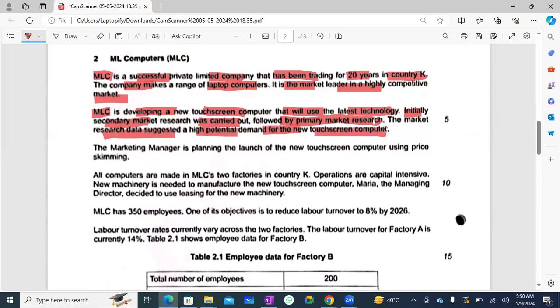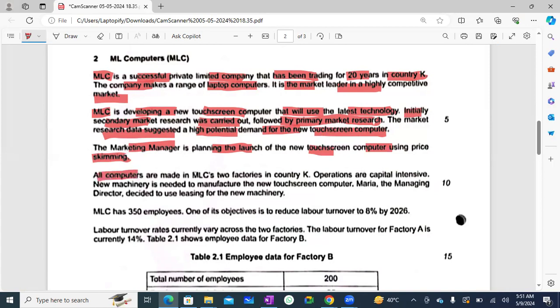So it means that they should invest in the new computer, because the data is showing that in the future the demand for it would be higher, and this would give them an extra edge to retain their position as market leader in the competitive market. The marketing manager is planning the launch of the new touchscreen computer using price skimming, and there is a question related to price skimming, so we will be answering it later.